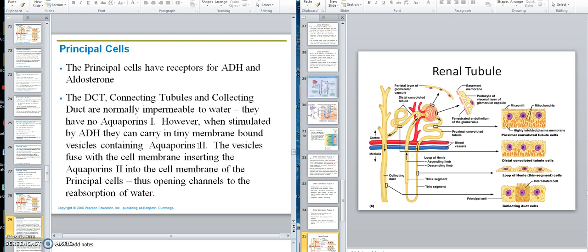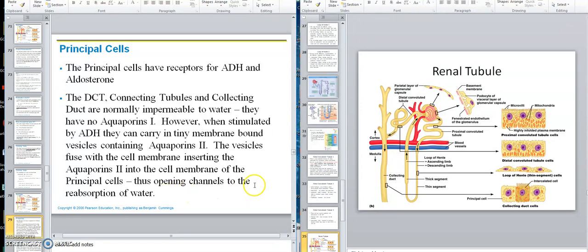So the proximal convoluted tubule and the descending limb of the loop of Henle had aquaporins 1. They were permanent residents. Aquaporins 2 are not permanent residents. They are brought in by homeostasis. The vesicles fuse with the cell membrane, introducing aquaporins 2 into the cell of the principal, thus opening channels for reabsorption of water.